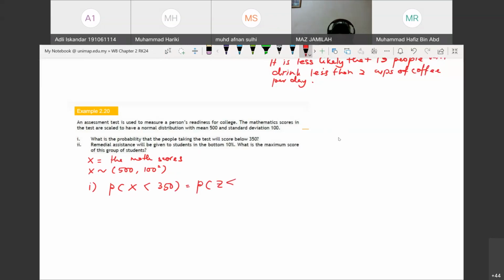So z will be 350 minus the mean of 500, divided by the standard deviation, which is 100. And this will be given by, if you look at your textbook, P(Z less than negative 1.5).